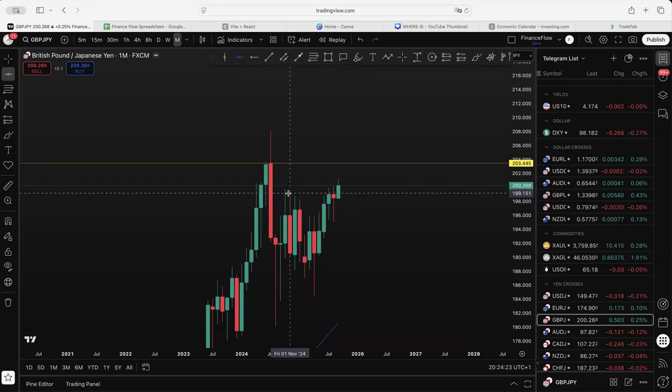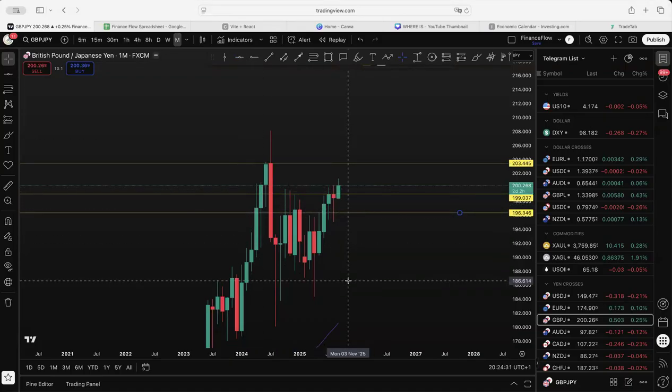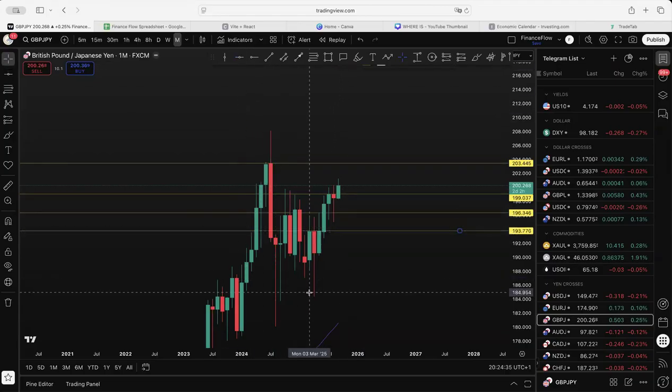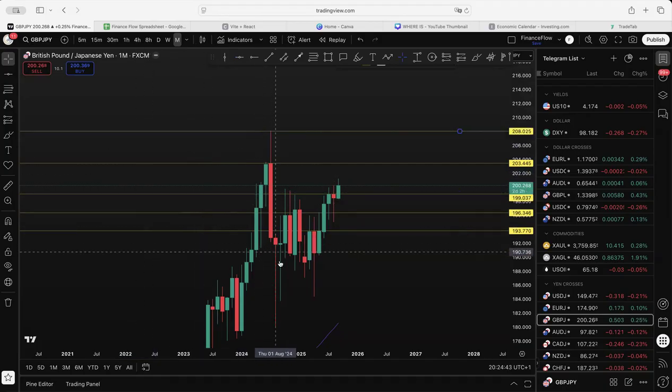So we want to be aware of this one here. Something like potentially I'd go in between there. And then we can look a bit lower here, potentially here. Just out of interest, I don't normally mark the wicks, but if we've got nothing close, then I probably would.